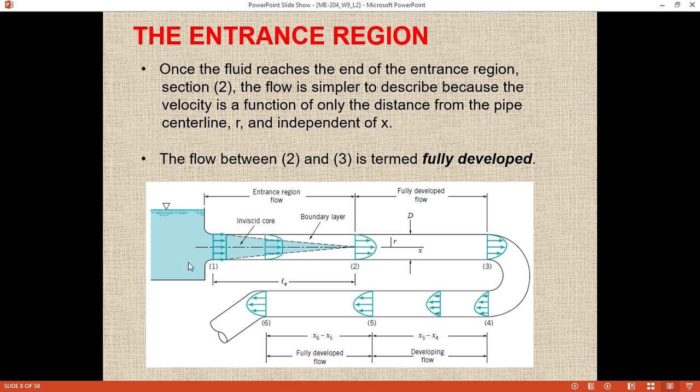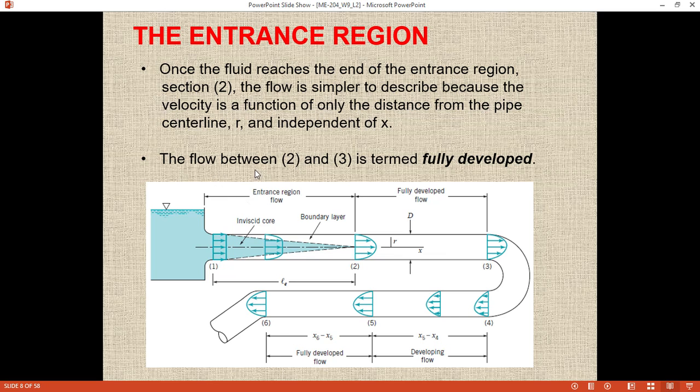But from the beginning up to this point, the velocity profile is continuously changing in the x direction, okay. So the velocity profile is continuously changing up to point 2, and this is the end of the developing region or entrance region, and this is the start of the fully developed region.